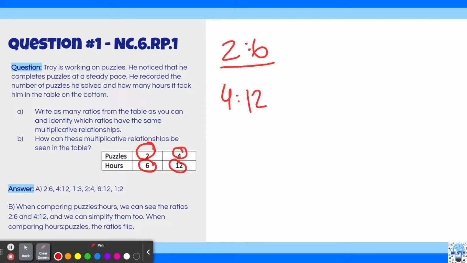Those can be the two ratios that we start out with. Now we can also use ratios in the same boxes. So 6 to 12 also counts. And in that case, 2 to 4 also counts.